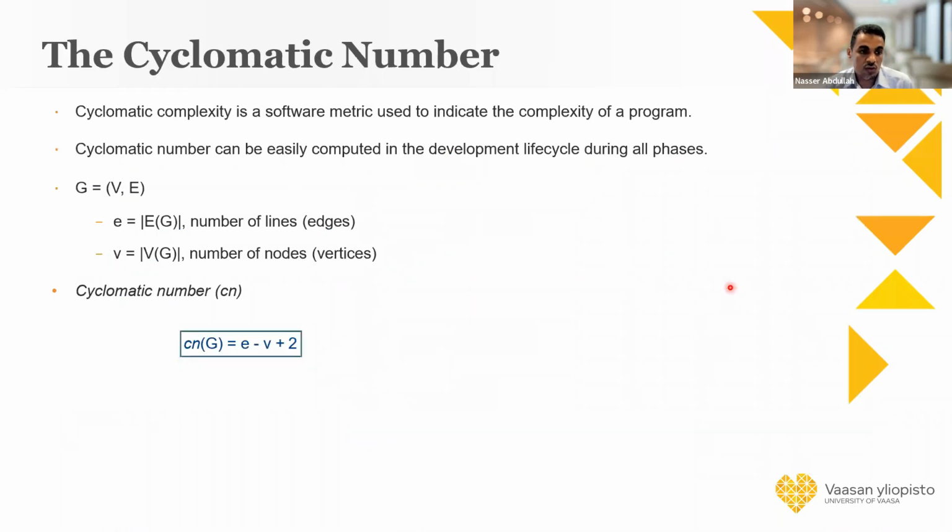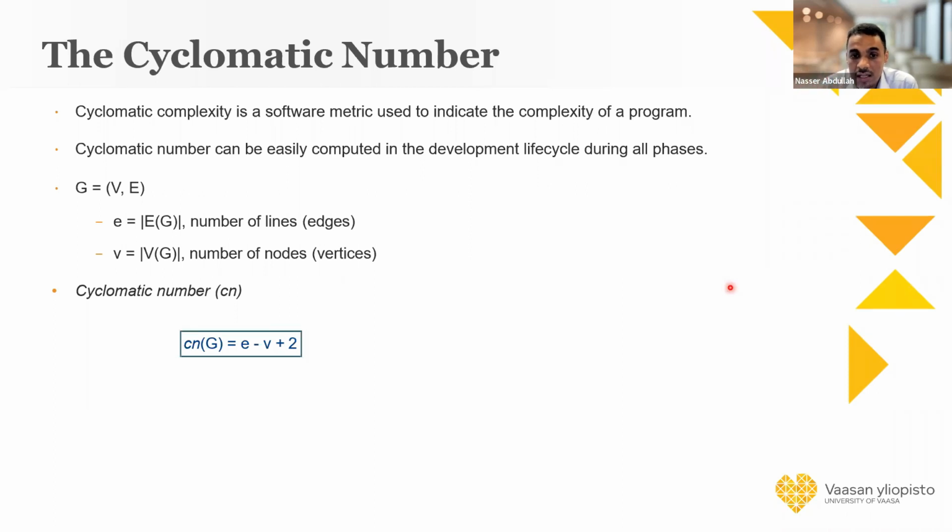So guys, maybe we have only a few slides now. Let me see the time. Okay, it is better to finish because we still have time. We also have another method to calculate the complexity of any system or program, called the cyclomatic number.